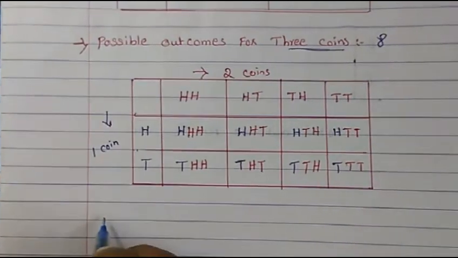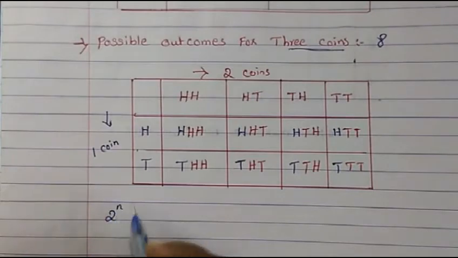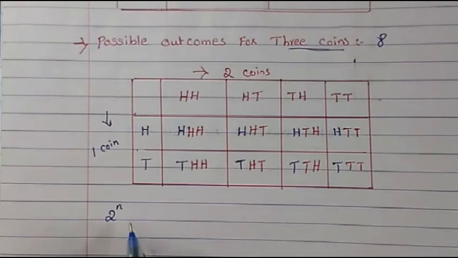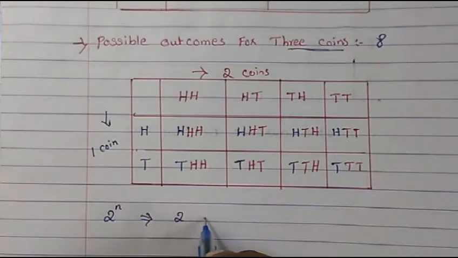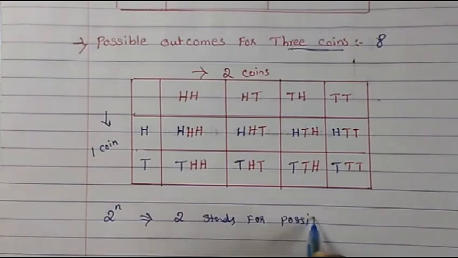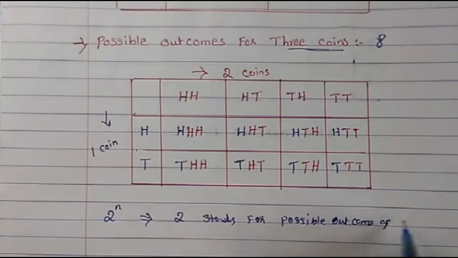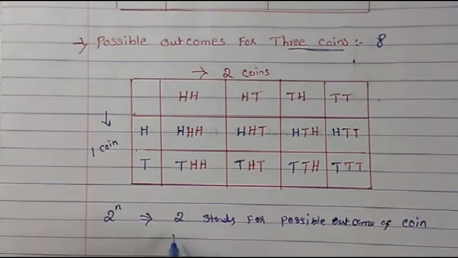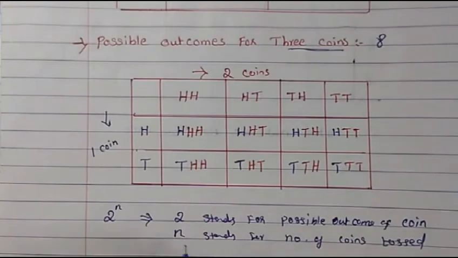Now in short, we have a formula, that is 2 raised to n. For dice we have 6 raised to n. For coin we have 2 raised to n, because 2 stands for the possible outcomes of a coin, and n stands for the number of coins that are tossed.